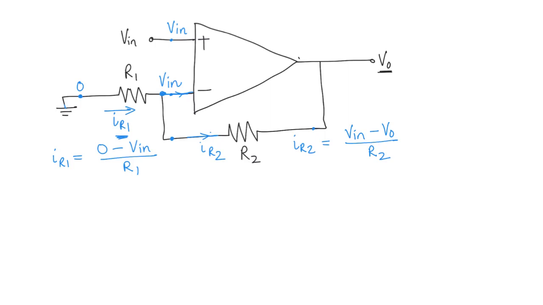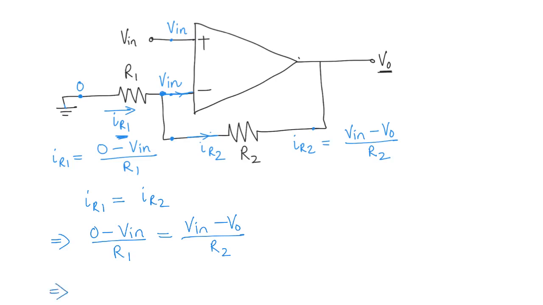So now let's just apply the condition IR1 equal to IR2, and what do we get? We get 0 minus V in over R1 equal to V in minus VO over R2. This means that V in times 1 over R1 plus 1 over R2 equals VO over R2.